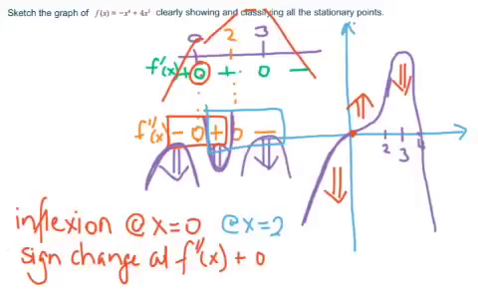My second inflection point was at x is equal to 2. That was a non-stationary inflection point, but I had a 0 in my second derivative and a sign change. I know it's not stationary because there was no corresponding 0 on the first derivative. And then finally, the last stationary point is at x is equal to 3, which is my maximum, and I can tell it's a maximum because it's concave down.